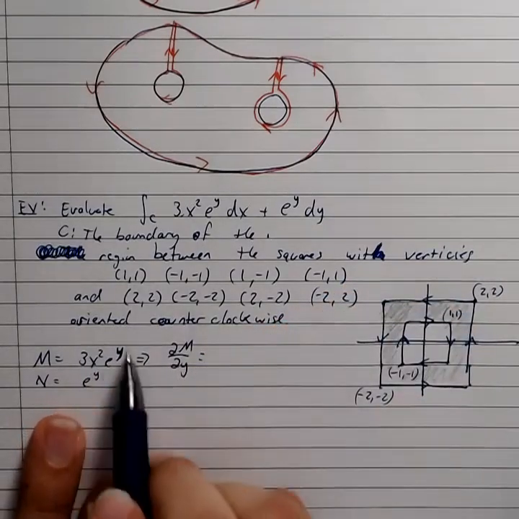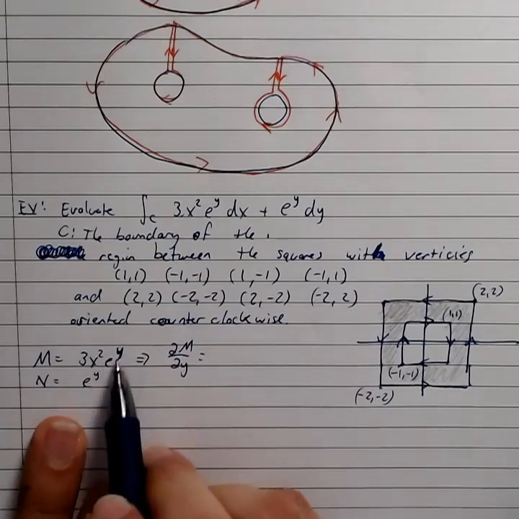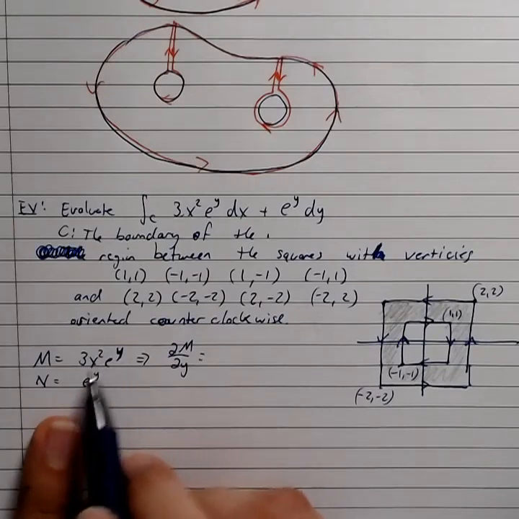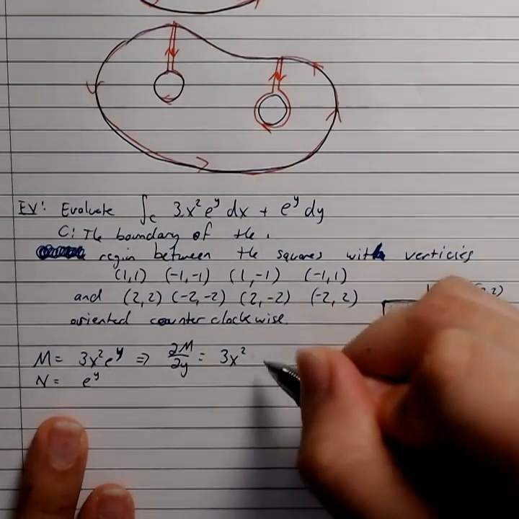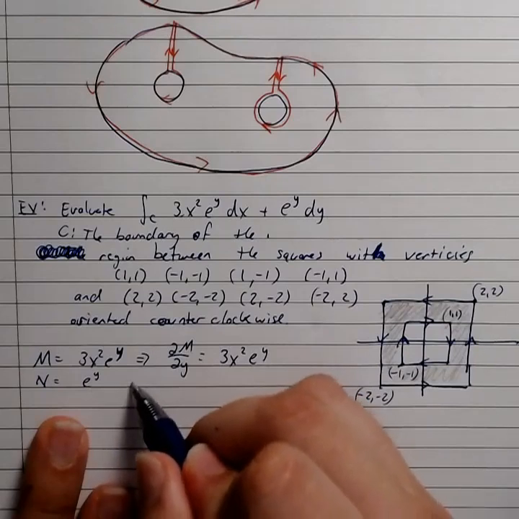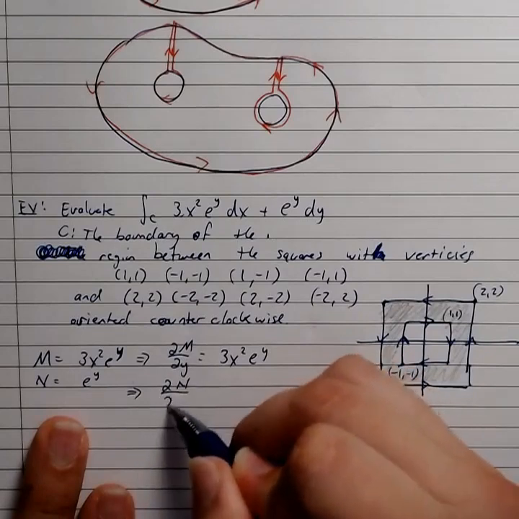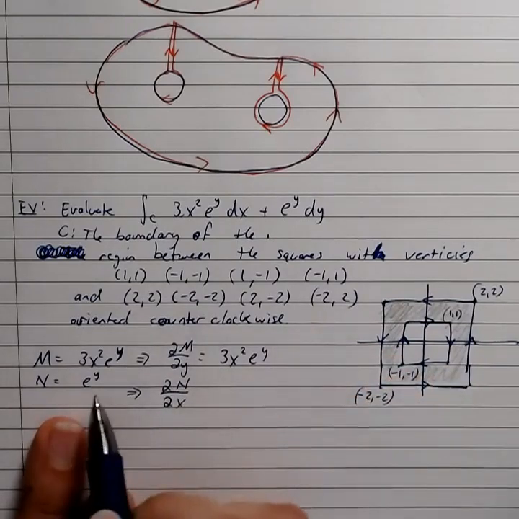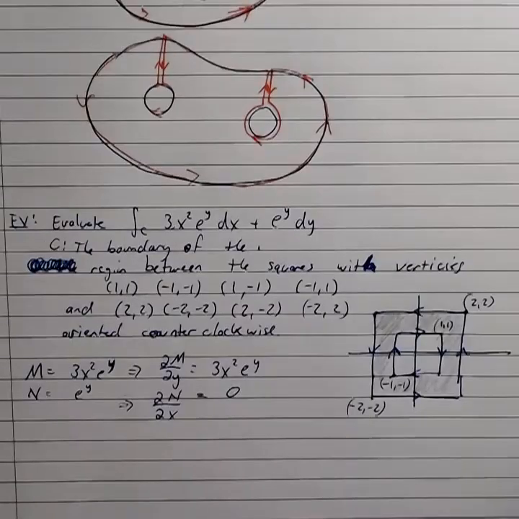The derivative of this with respect to y is the derivative of a constant times e to the y. Well, that's going to stay exactly the same. It's the constant times e to the y. Here, we're going to use this to find the derivative with respect to x of N. Notice that N is constant with respect to x, and therefore its derivative is 0.